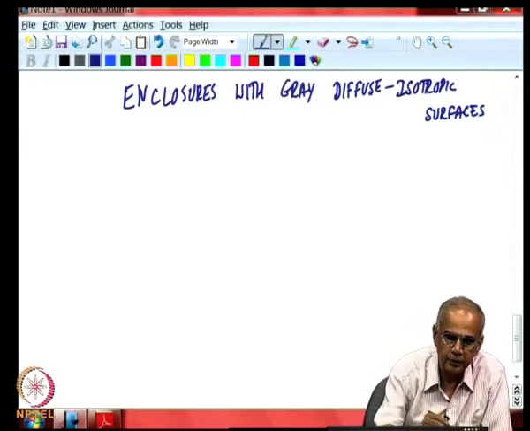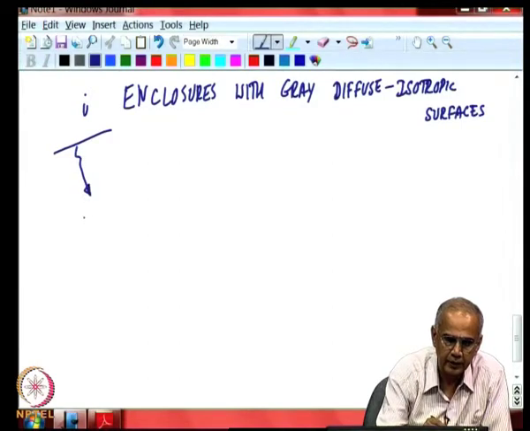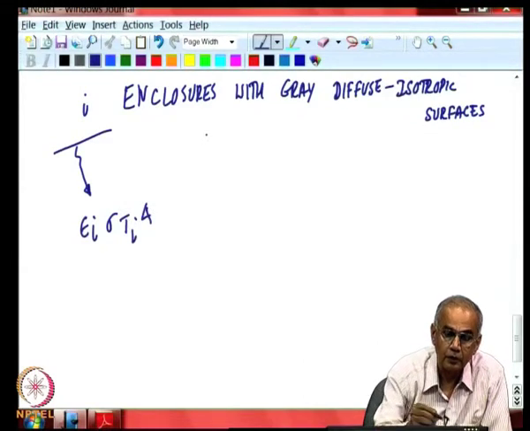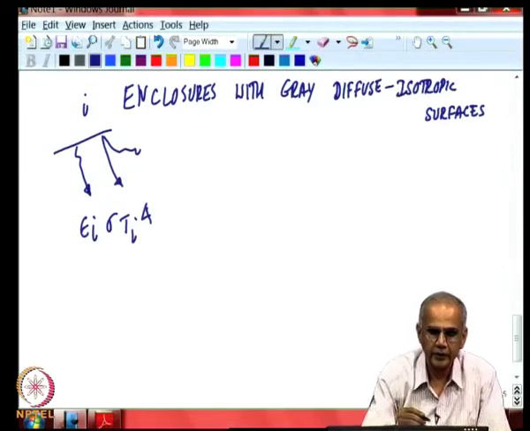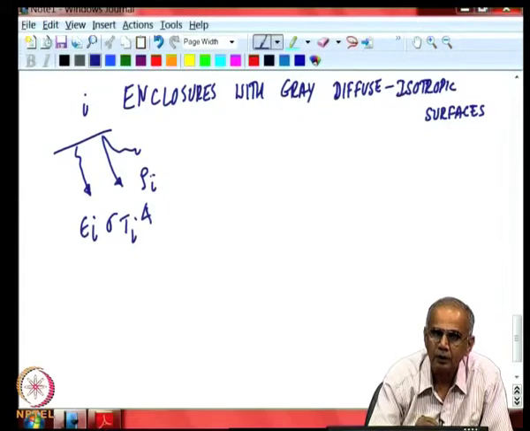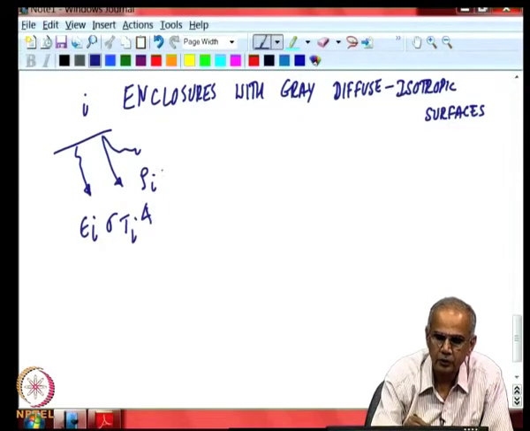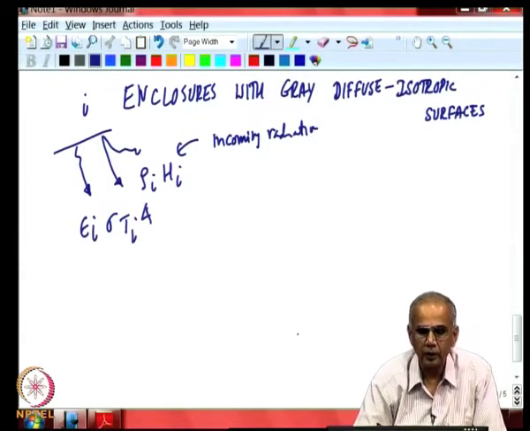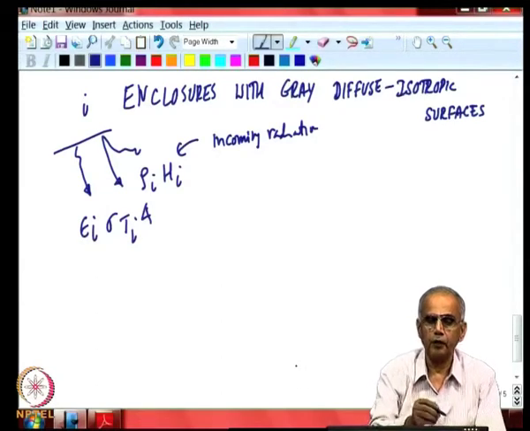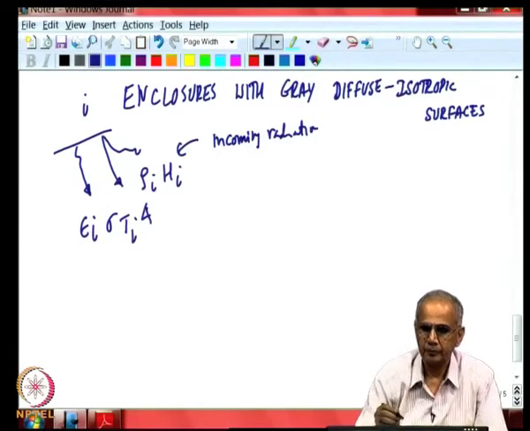Now, in a gray surface, remember, suppose your surface is I, not only is the surface I emitting radiation, it is also reflecting radiation. So, the reflected radiation is the reflectivity of the surface times Hi, which is the incoming radiation. So, the total energy leaving the surface is a sum of emission and reflection.